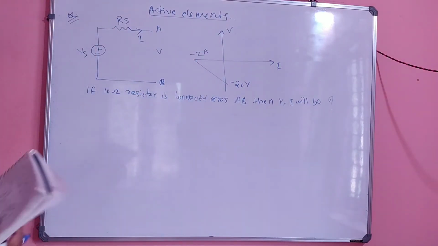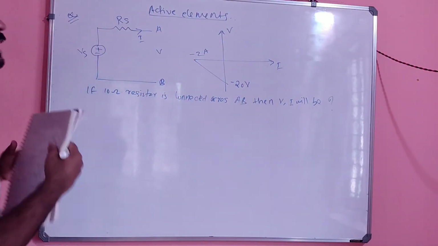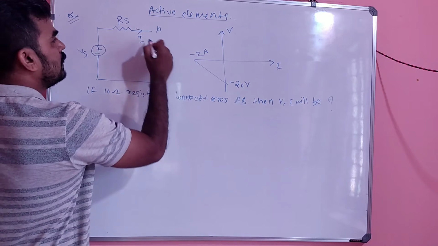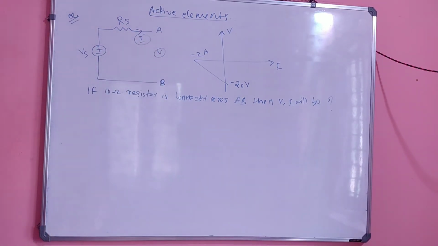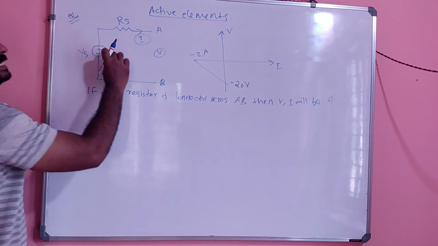So this is V and this is I. We have to find the voltage V and current I if 10 ohm is connected here. So this is an example of what? Practical voltage source.